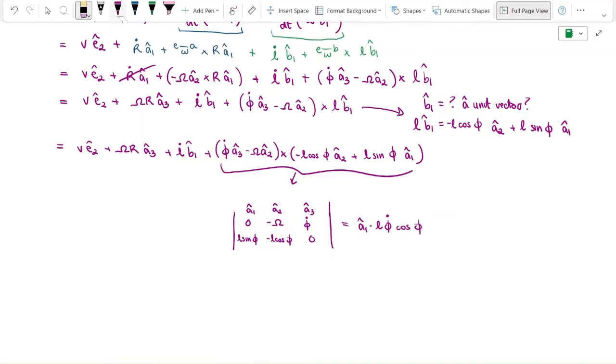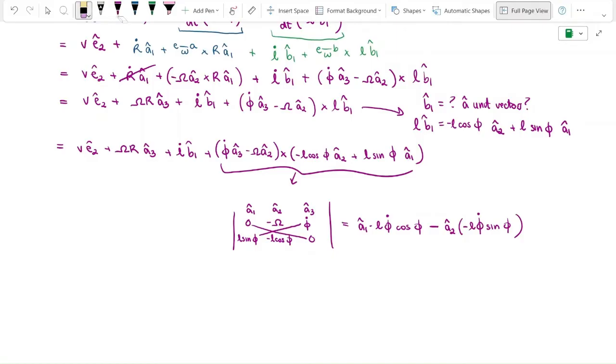Great. Then I move on to the next one. Because it's the middle one, I put a minus sign in front, so minus a2 hat times the determinant of this little matrix: 0 times 0 minus L sine phi times phi dot. That is 0 minus that, which equals negative L phi dot sine phi.